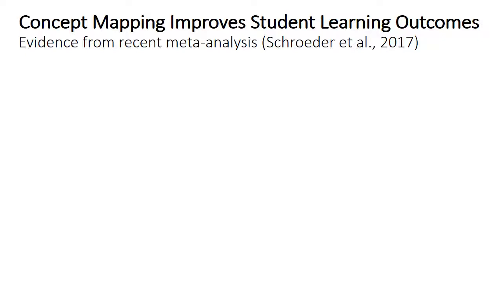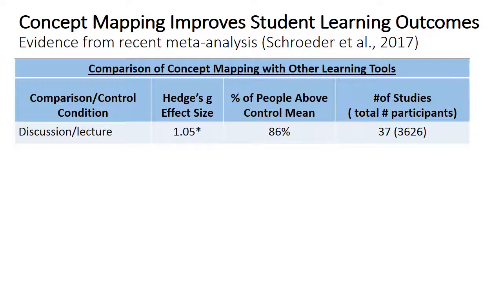Schroeder et al. published this meta-analysis on concept mapping, looking at student learning outcomes, just this year. Let me first orient you to the statistics I'm going to show you here. In the leftmost column is the comparison or control condition. In all cases, there was one group where students were doing concept mapping, and the other group was doing whatever is in this left-hand column.